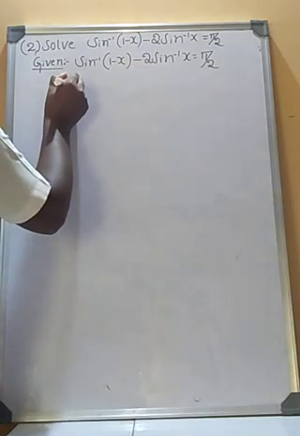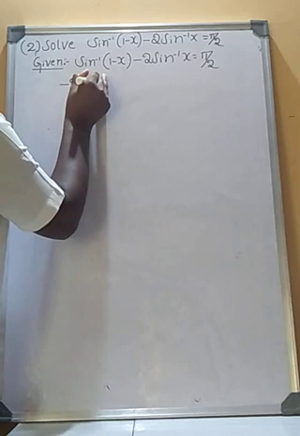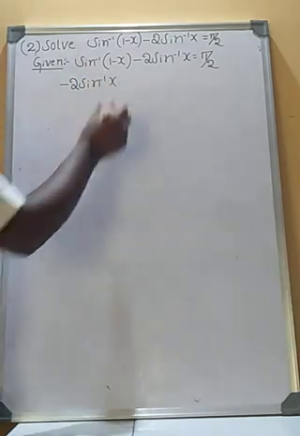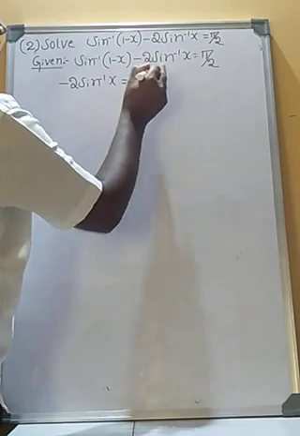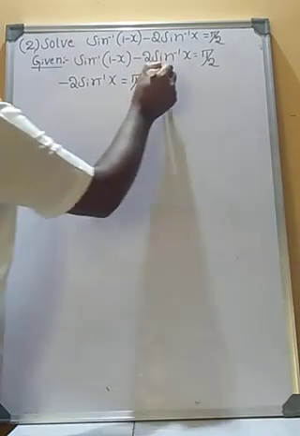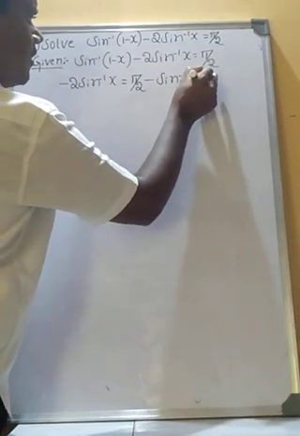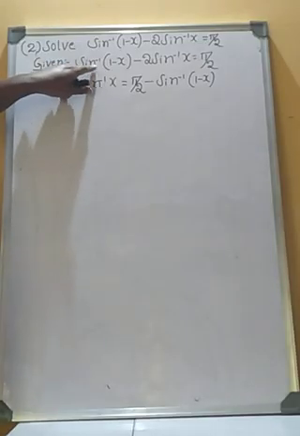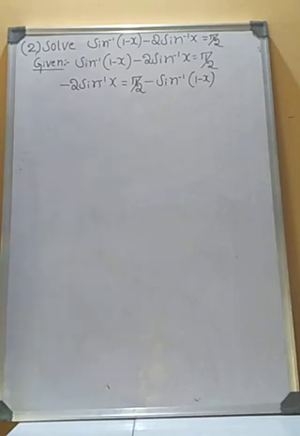This equation can be written as minus 2 sine inverse x, as it is on the left hand side, equals pi by 2 minus sine inverse of (1 minus x), since sine inverse of 1 minus x goes to the right hand side and becomes minus.